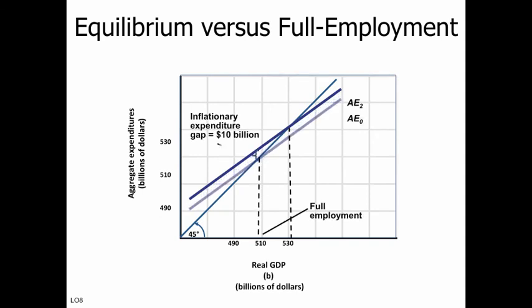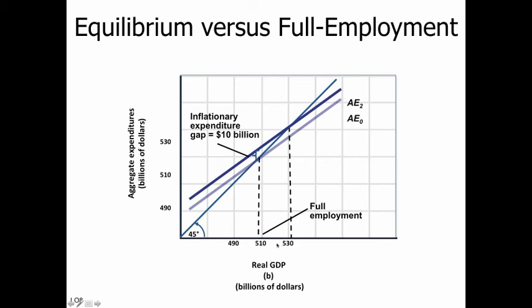So again, here are our spending lines. If the top spending line here, AE2, represents the current spending line, here we are producing $530 billion worth of GDP. AE0 represents the spending required to put us at full employment.